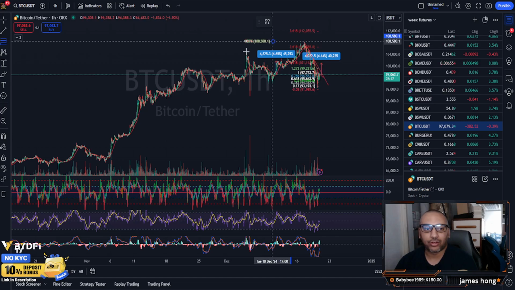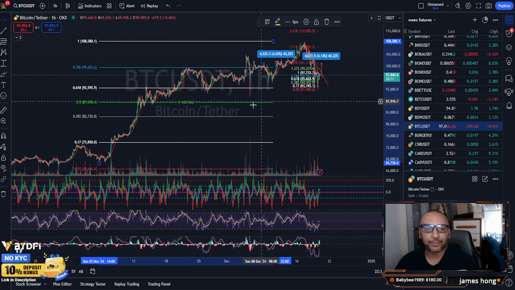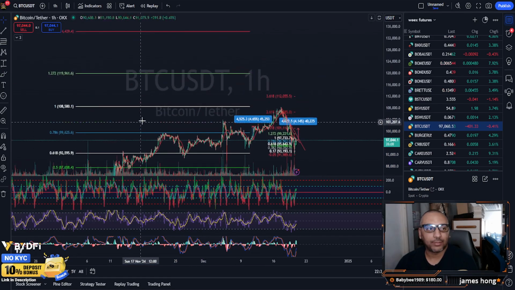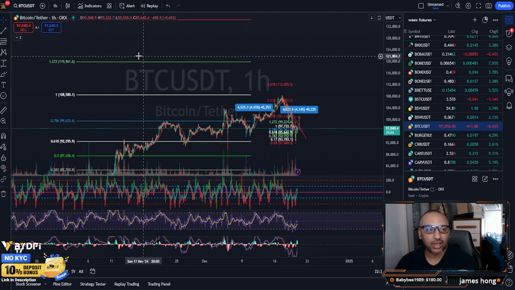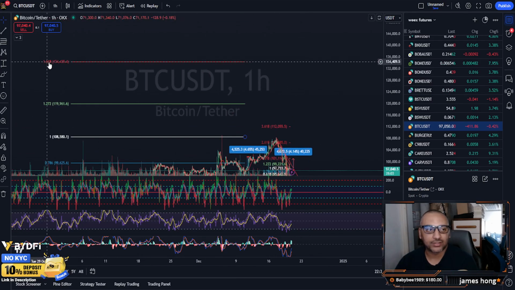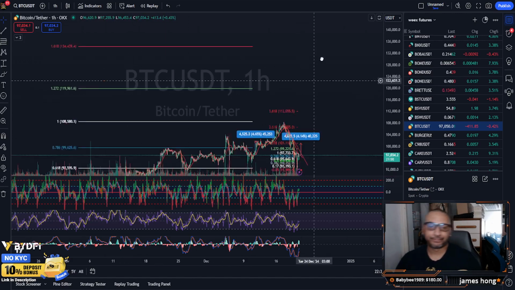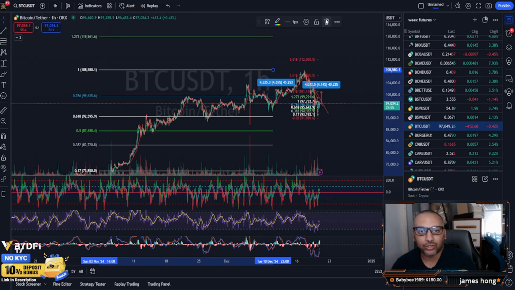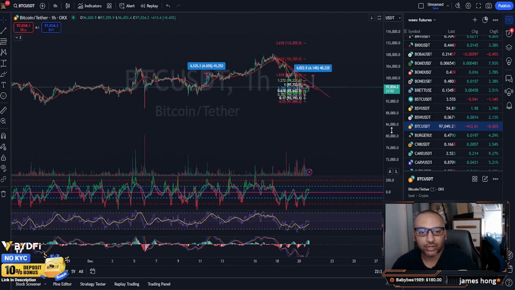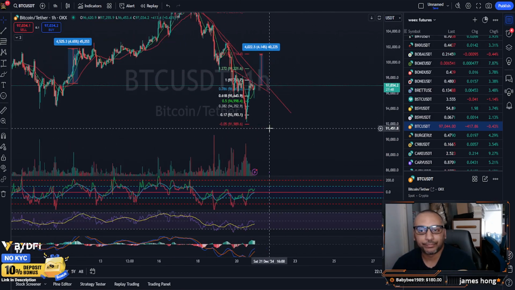So if we do anchor it at the absolute bottom, when the uptrend started, we're going to be looking at possible numbers to the upside over time. We could see 119,000. We could see $134,000 Bitcoin. These are possible prices that Bitcoin could go to, all starting from this downtrending breakout right here.